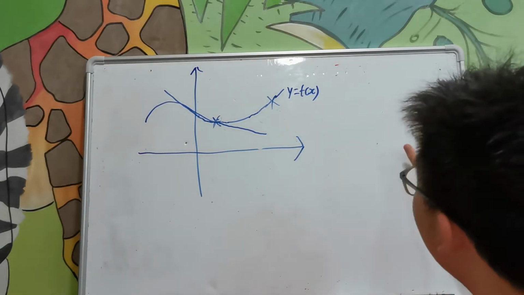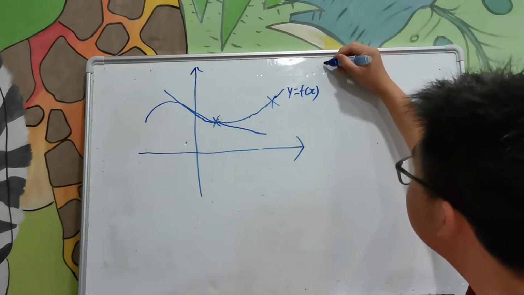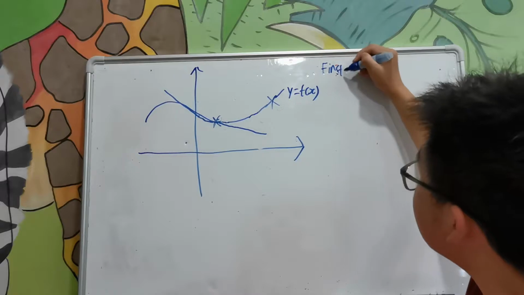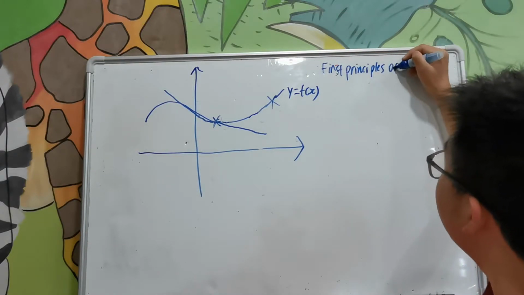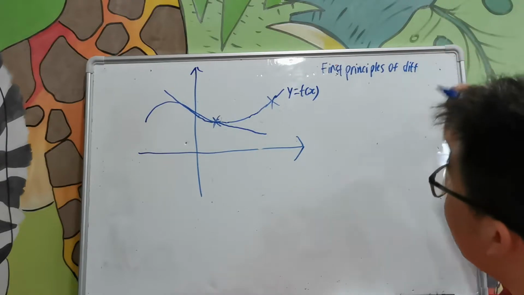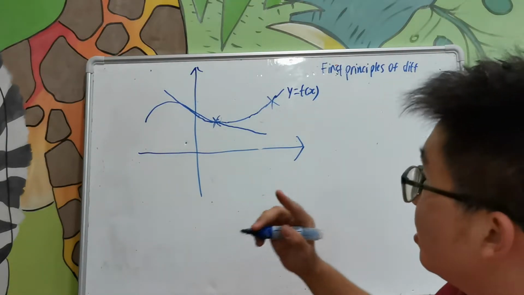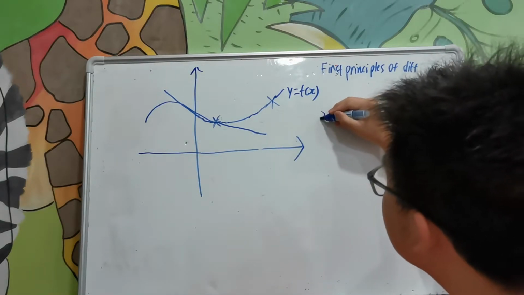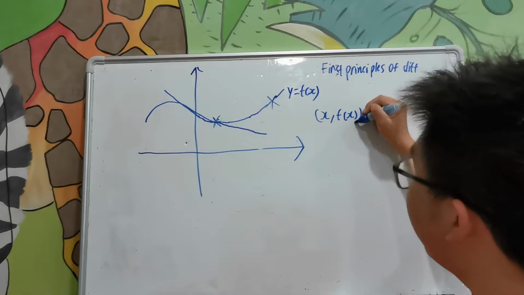So this is called first principles of differentiation. Okay, so essentially how it works is, let's have a point x, f(x) on the graph.